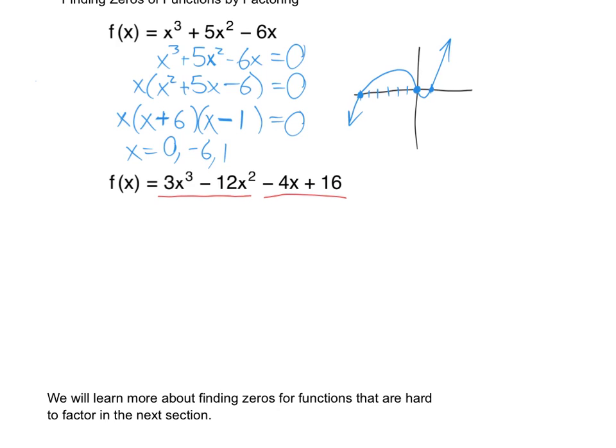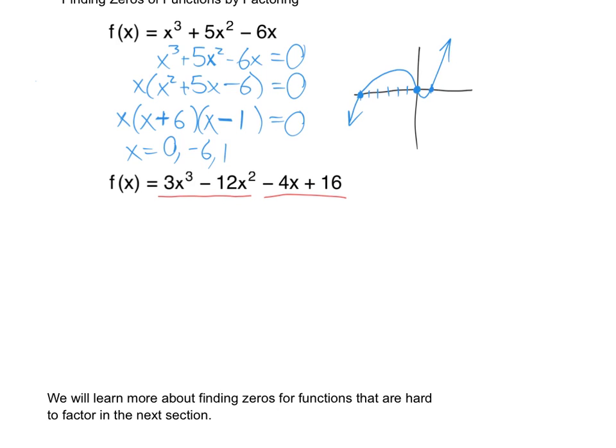See if you can figure that out on your own here. All right, so we got our 2 groups. And by the way, you can group these in a variety of ways. I could have grouped the 3x cubed with the minus 4x, and the negative 12x squared with the plus 16.